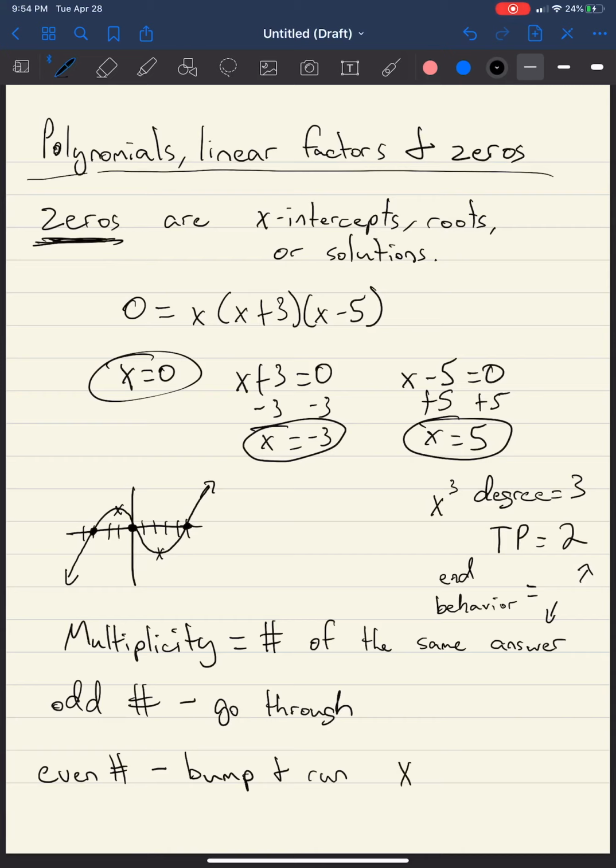So if I had x equals 7, 7, and 3, these two 7s, it's going to bump and run at 7, and then it's going to go through at 3. Next video we will go over an example of that where we have an even number.